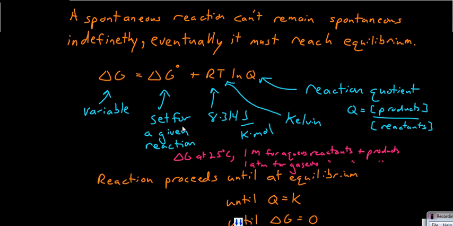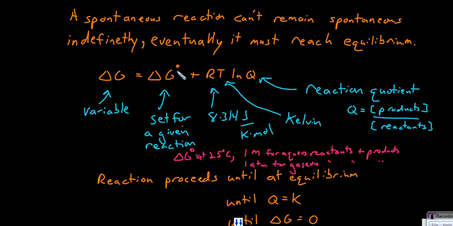That is, the free energy change at standard conditions, i.e. at 25 degrees Celsius, and having 1 molar concentrations for all of our reactants and products, and 1 atmosphere pressures for all of our gaseous reactants and products.